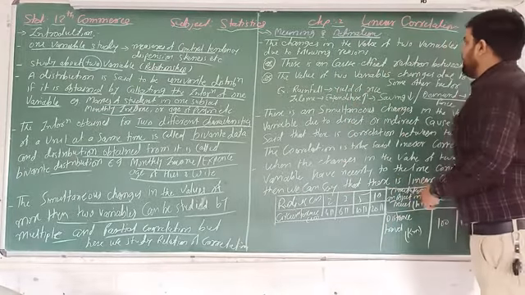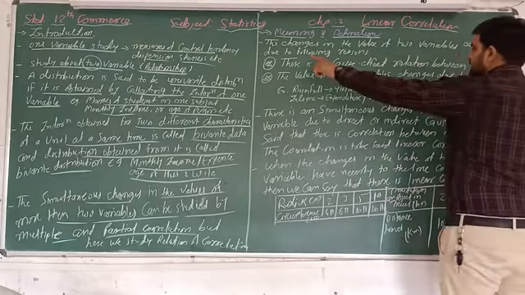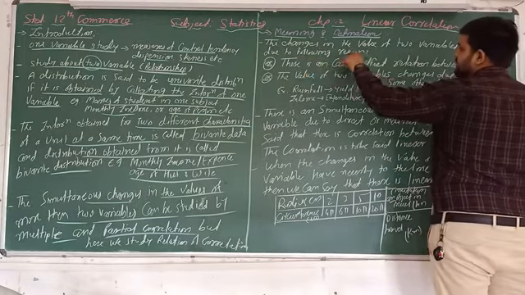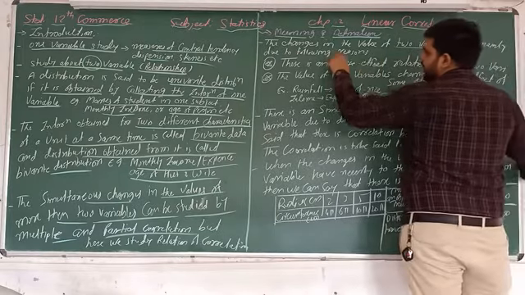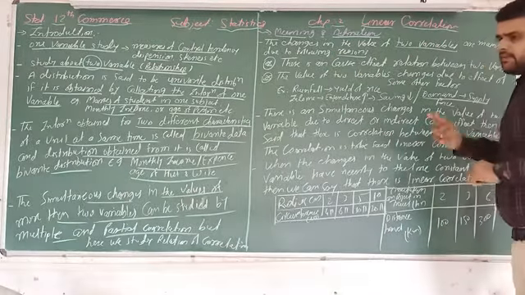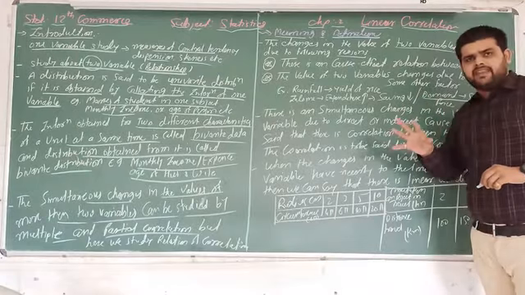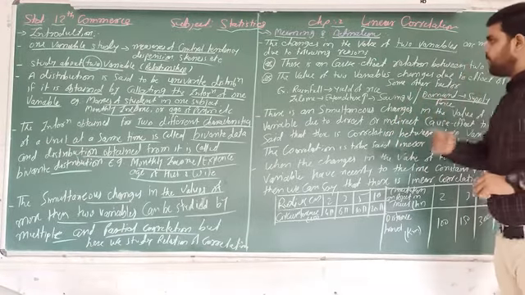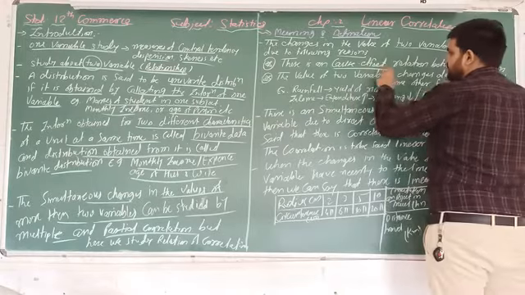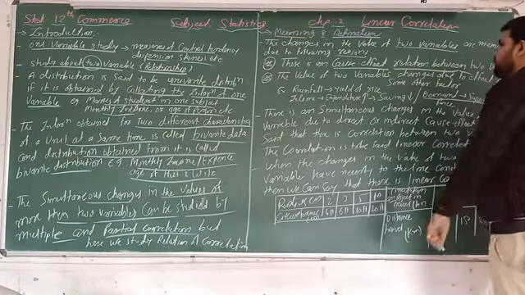The changes in the value of two variables are mainly due to the following reasons. Whatever change there is in a particular variable is because of two reasons. What are the reasons? Number one, there is a cause and effect relationship between two variables.